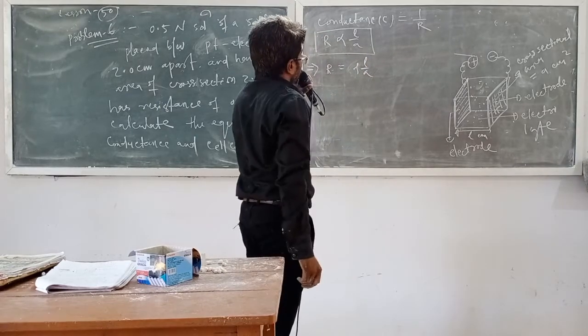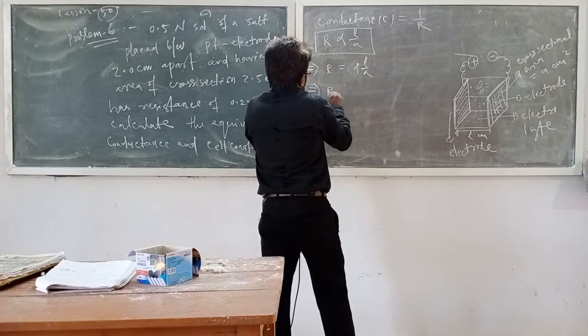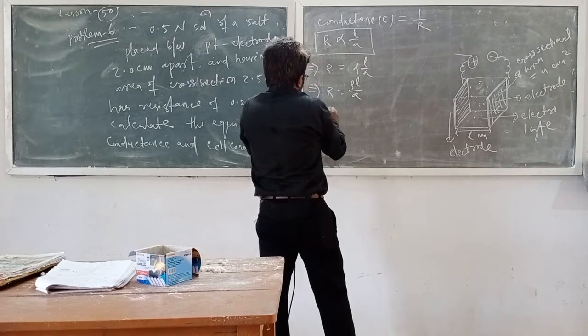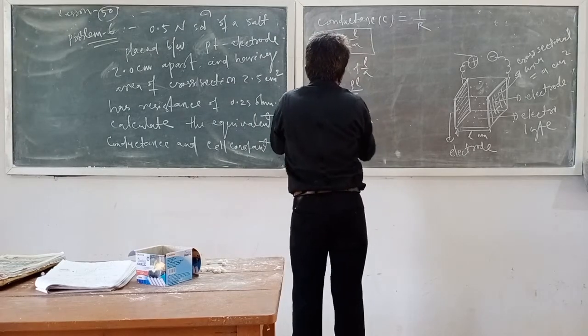That implies R equal to rho L by A, that implies rho equal to RA by L.